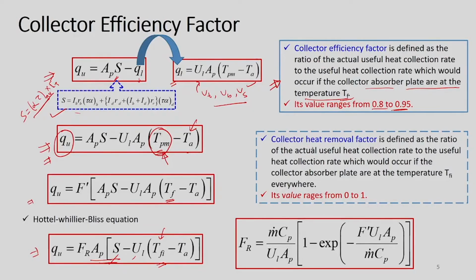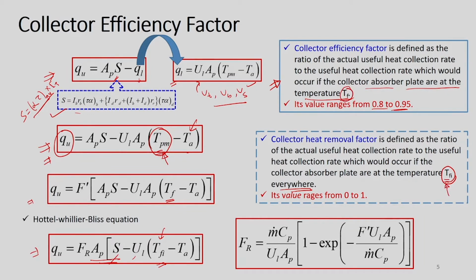And how to define this FR? This collector heat removal factor is defined as the ratio of the actual useful heat collection rate to the useful heat collection rate which would occur if the collector absorber plate were at the temperature of TFI everywhere. So, this temperature should be TFI, the inlet fluid temperature, while here it will be TF, which is the local fluid temperature.